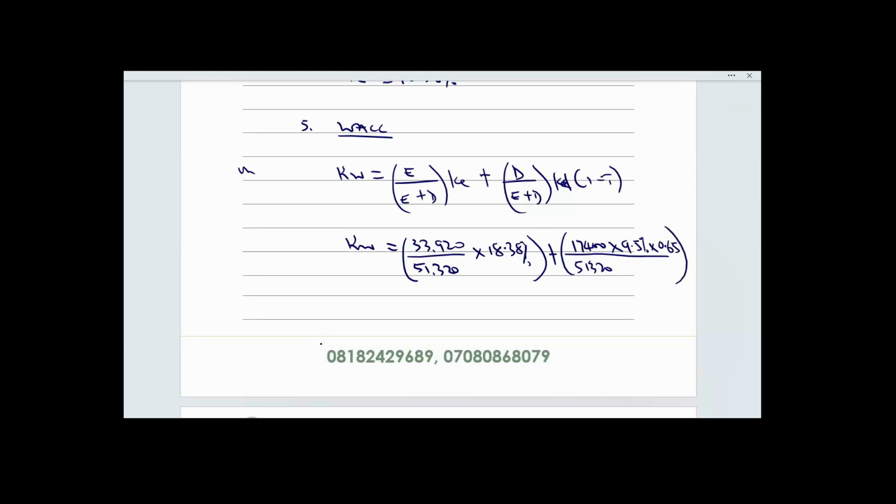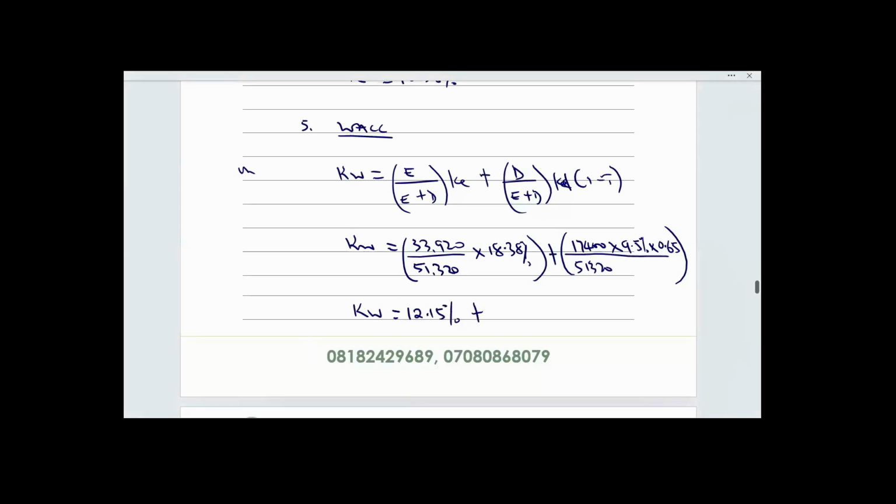So from the left, this will give us 33,920 divided by 51,320, multiplied by 18.38, equal to 12.15%.